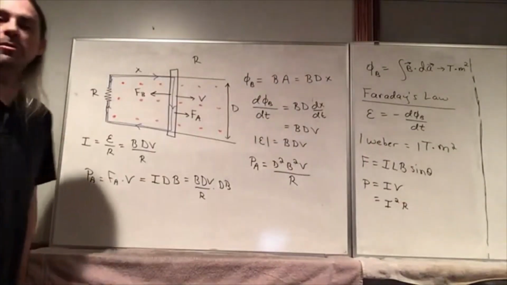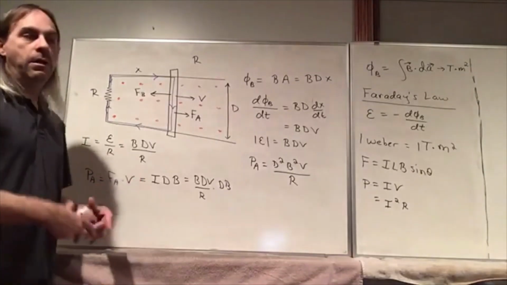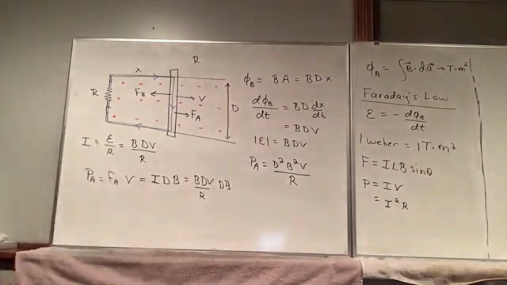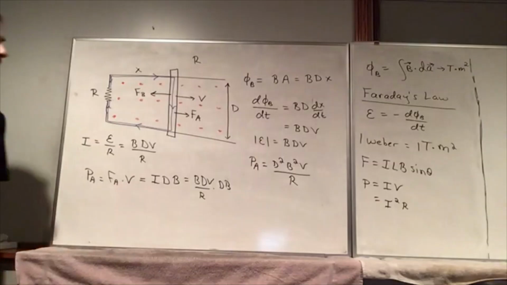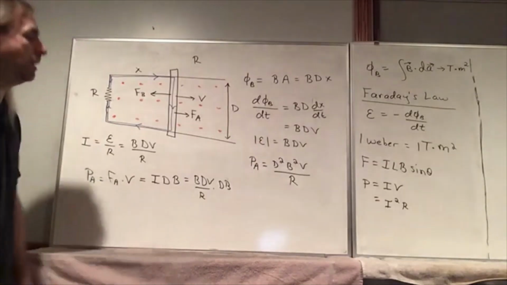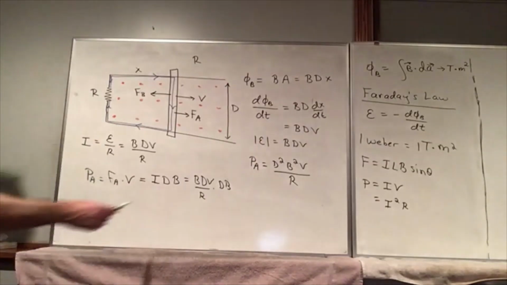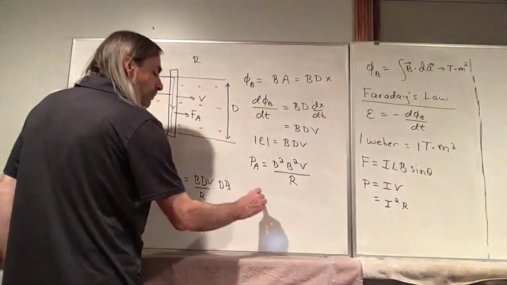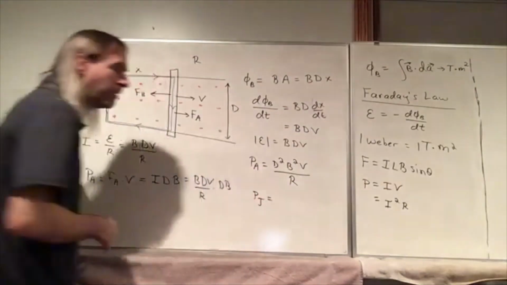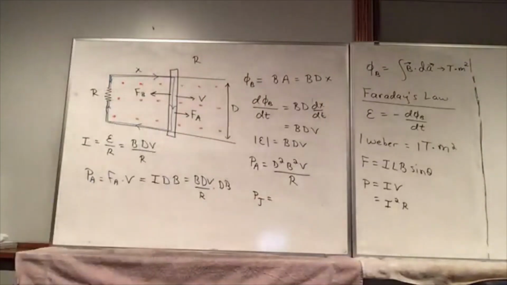Now, if you had a light bulb or something, that would create heat and electromagnetic radiation. But in this case, it's just this joule heating. And so let's find the power. Let's call this PJ. That's that joule heating. So we're putting energy into the system, and let's find out how much is being dissipated by the resistor. That would be just I squared times R.